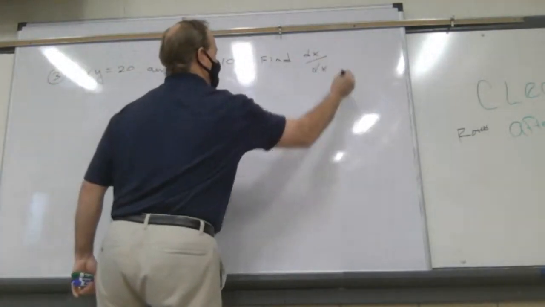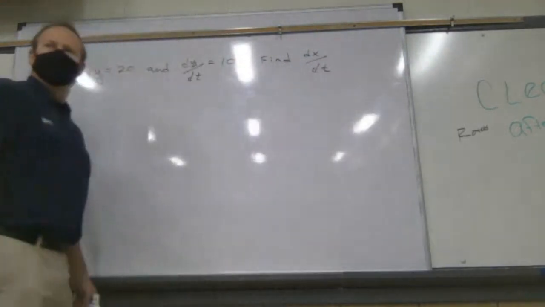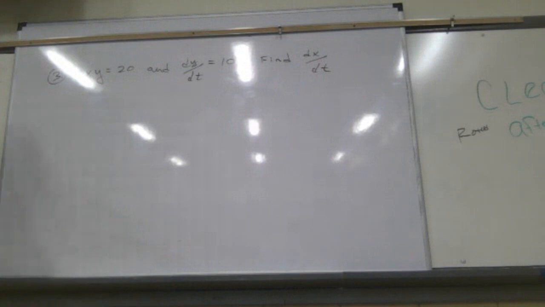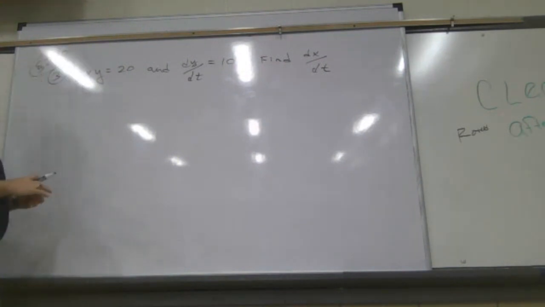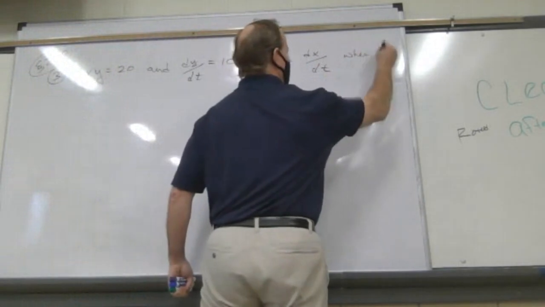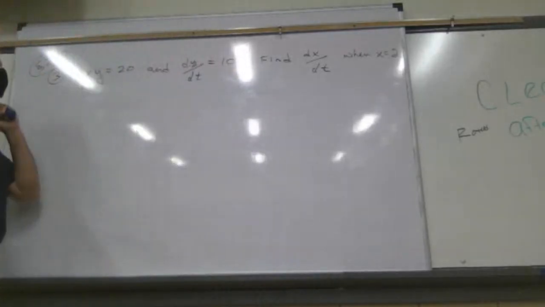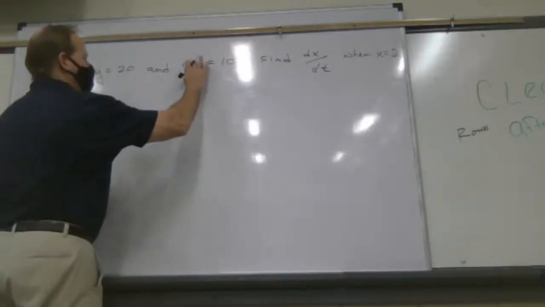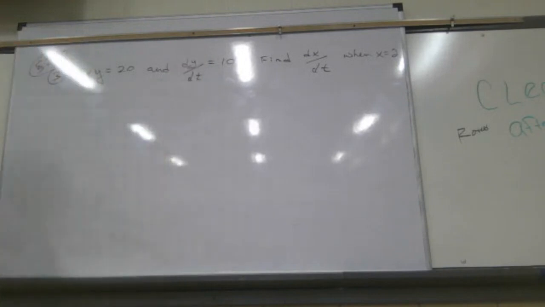Is that right? Oh, dx/dx, that's 1. That's easy. So how are we going to do this? It also says when x equals 2 at the end. So if x times y equals 20 and dy/dt equals 10, then find dx/dt when x equals 2.